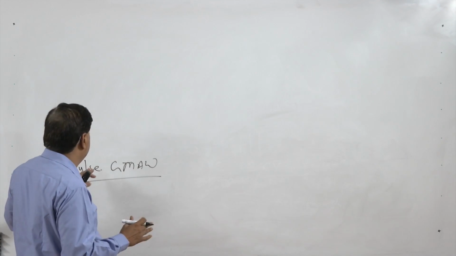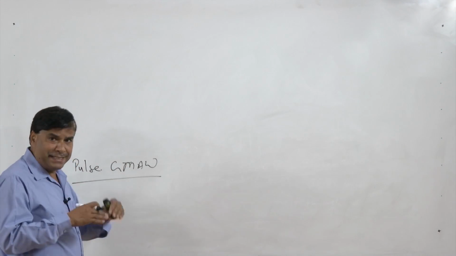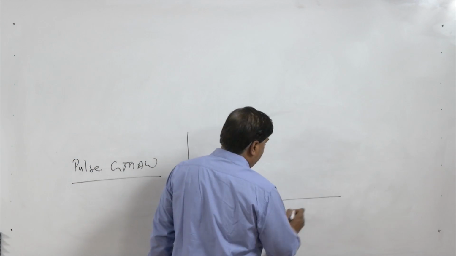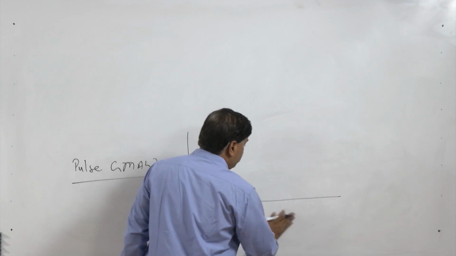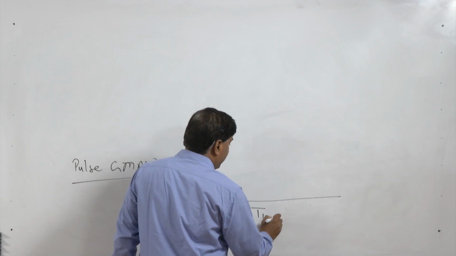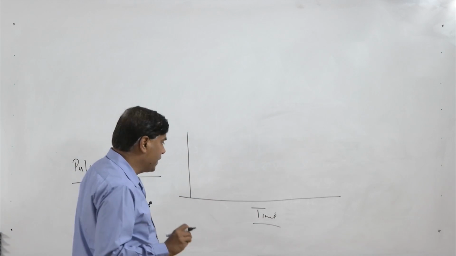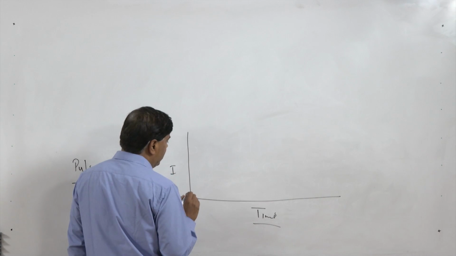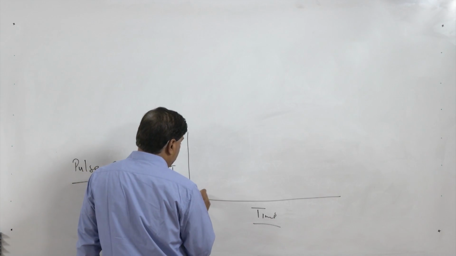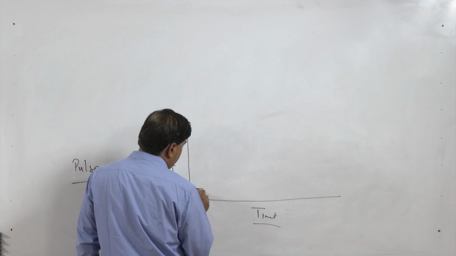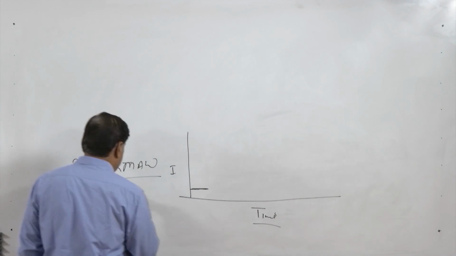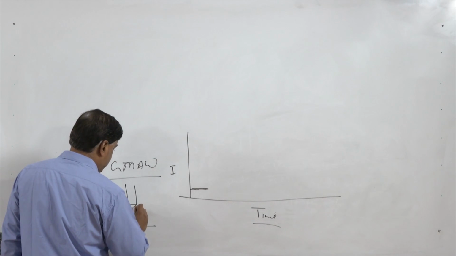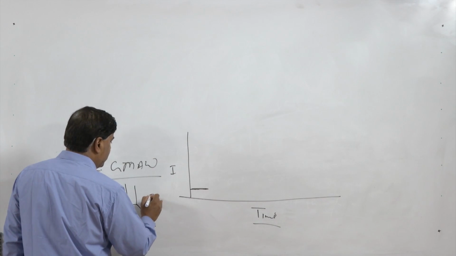So to avoid that, the GMAW process is modified in a particular way, wherein the value of current is regulated as a function of time. So what is done in this case, like here we have current, and the current value initially we keep low, like say this is the welding current, the welding arc, and current is fed.